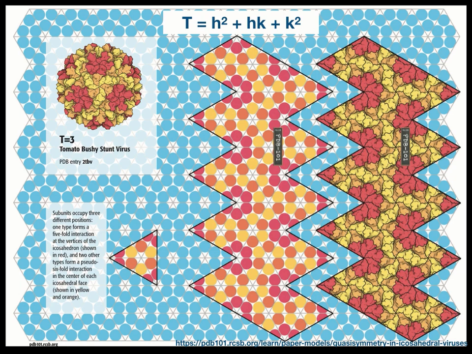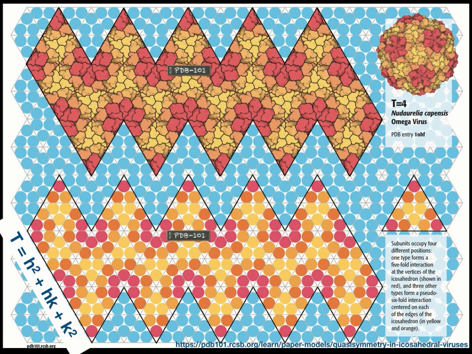So if we look at this, we can see there is a red, pinkish one, an orange one, and a yellow one. These are the 3 different conformations that the virus is going to have. Then this one you have 4, so you have the pink, the orange, then you have light orange, and then you have yellow.